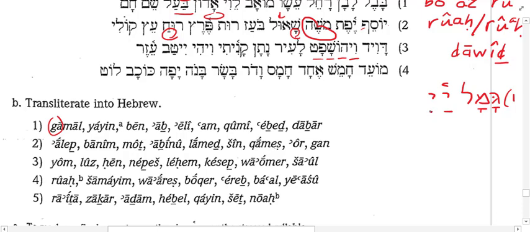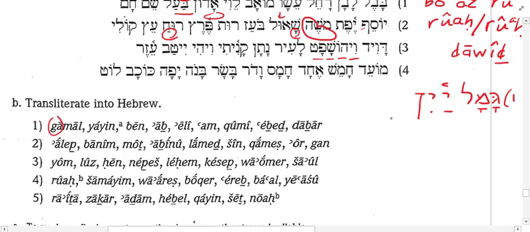This is a short, toneless hireq. And then I have an N, which is a nun. Now my N, or nun, is going to be the final consonant here, so I need to use the final nun here, and that means it needs to go below the line. So this is pronounced ya yin.